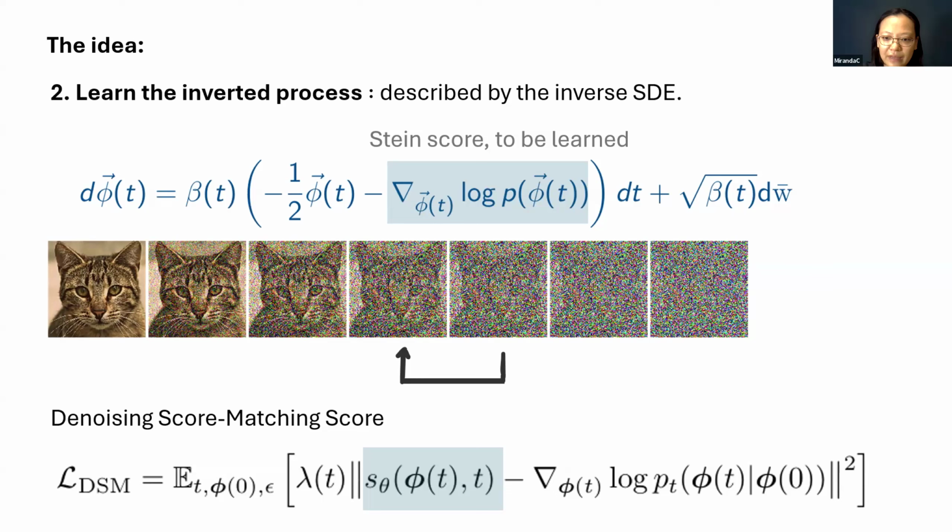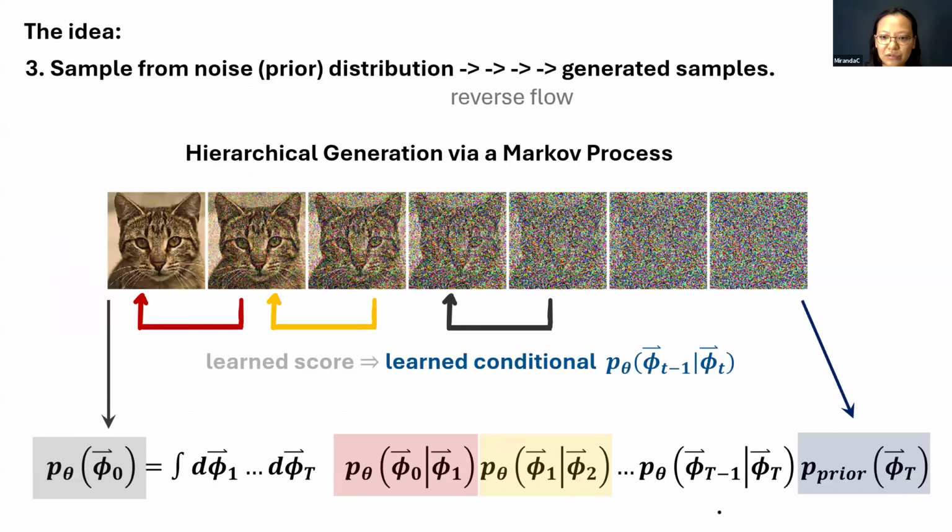Okay, so once we have that, we could start reversing the SDE. Each step is given by the integrated SDE in discrete time, and the conditional is given by the score we learned.